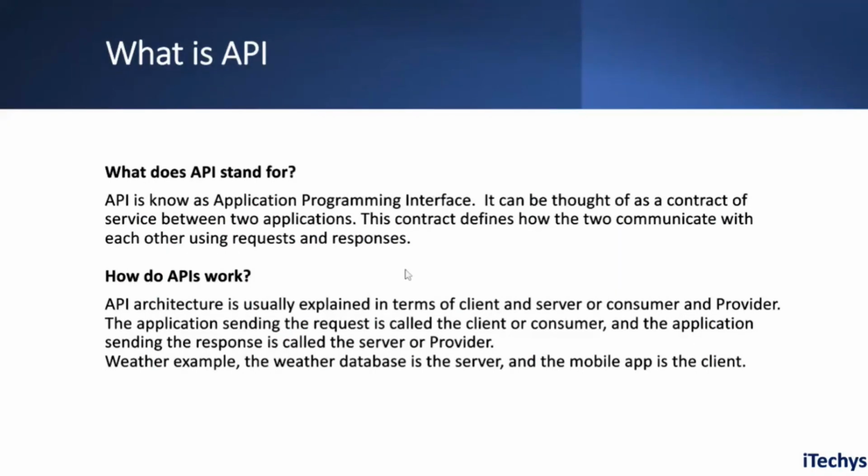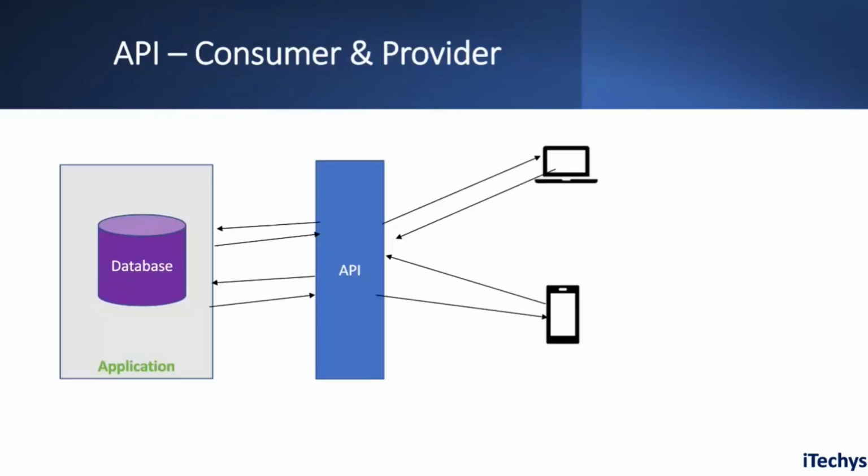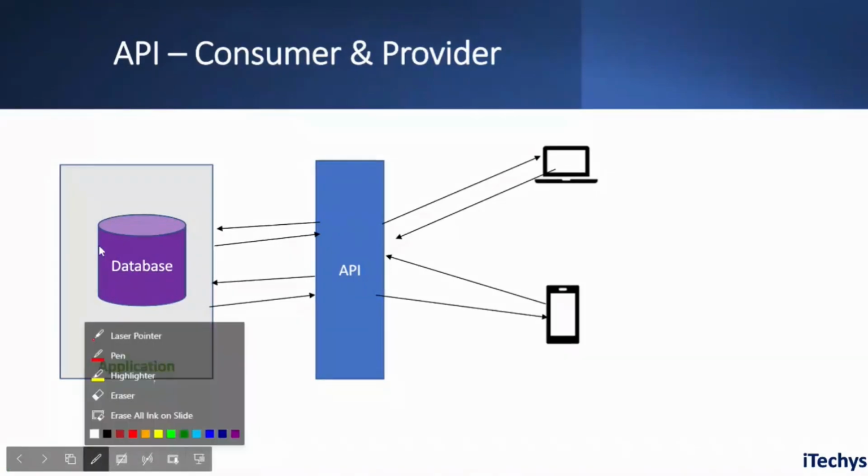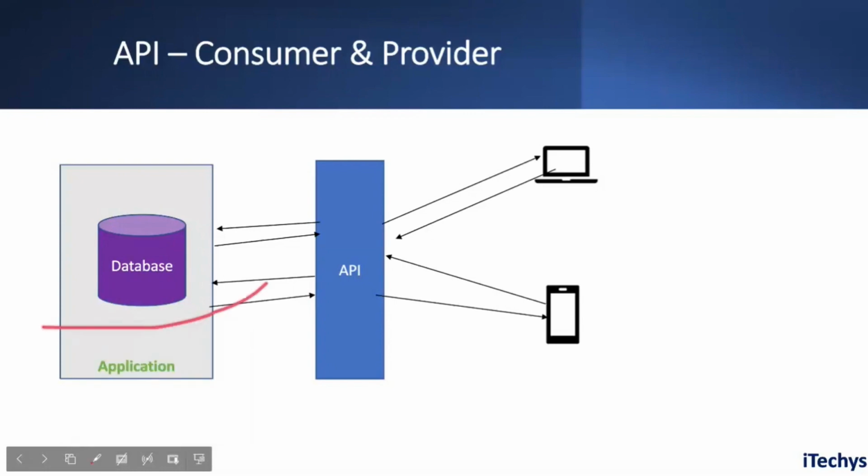Okay, for those who are not clear, I will come to that example in a diagram where you can see exactly what the client and server are and what an API means. So from this example, you can see this is a database along with the application.